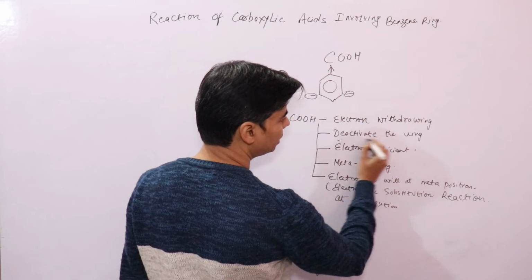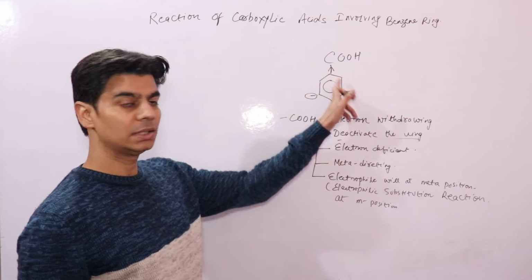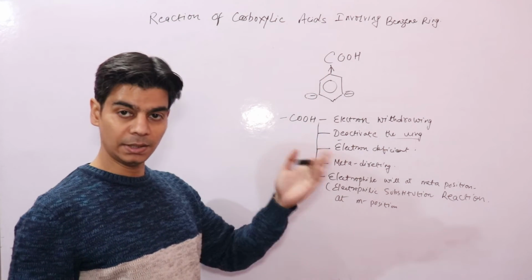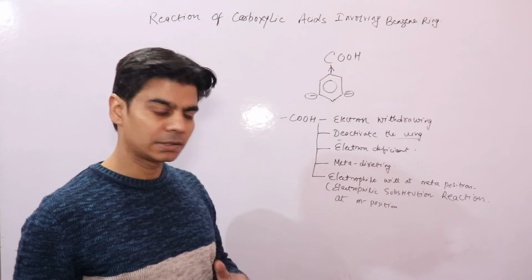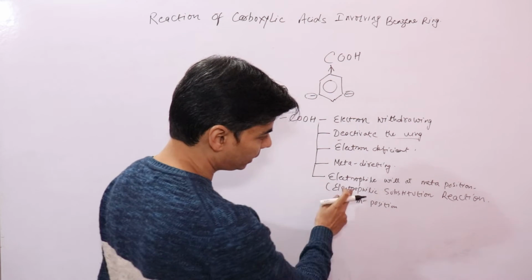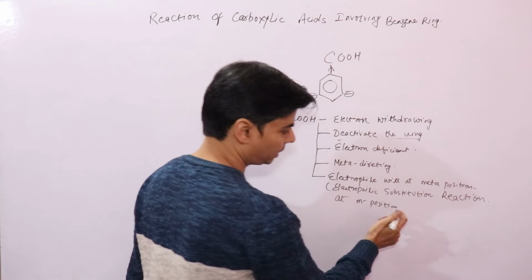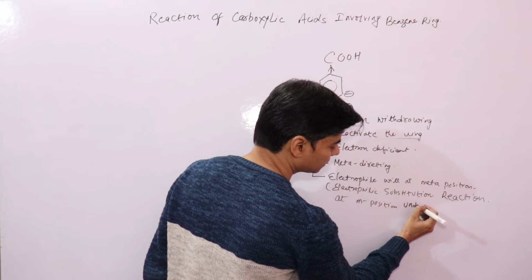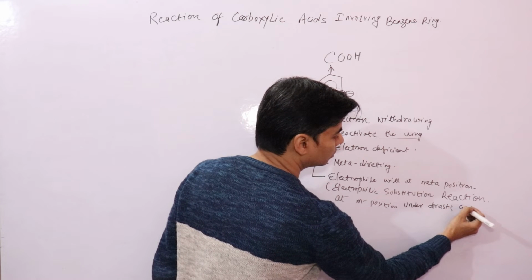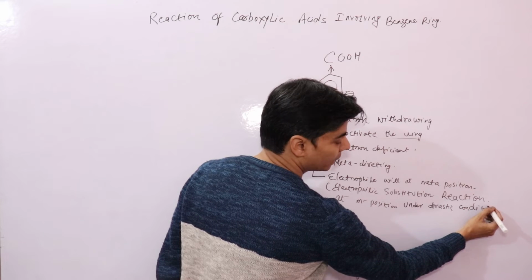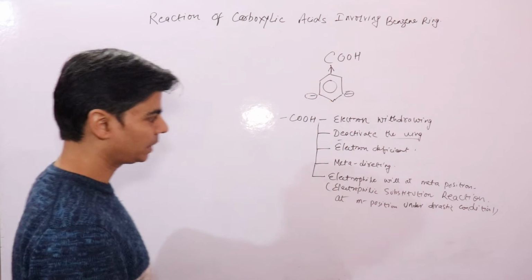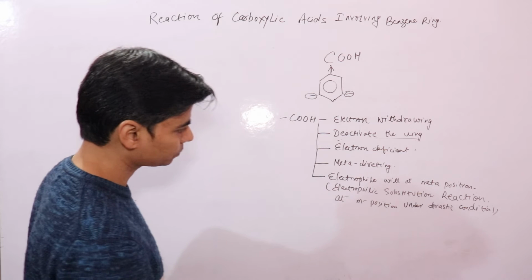And since I said it deactivates the ring, when the ring is less active, then for the reactions you need drastic conditions. So electrophilic substitution reaction at the meta position under drastic conditions. And remember, why drastic conditions? Because the carboxyl group has deactivated the ring, right?